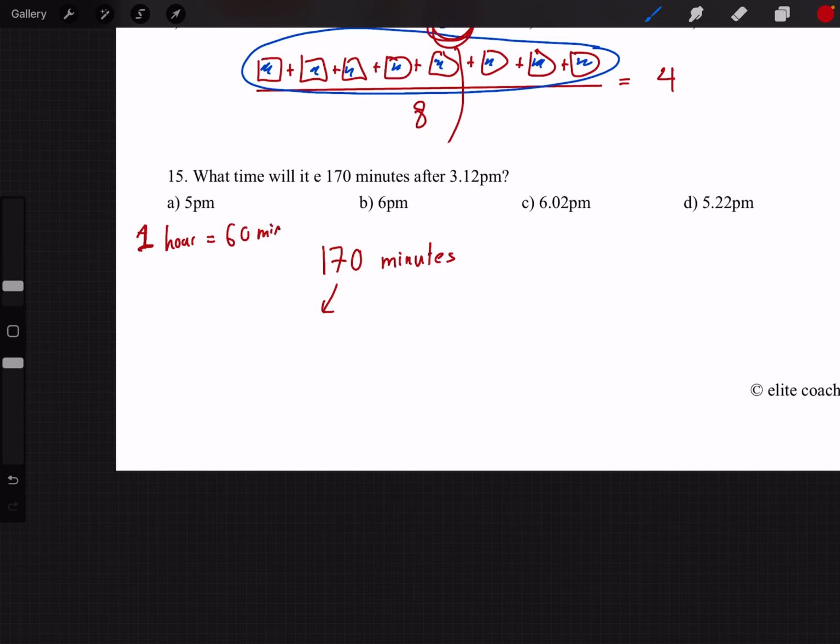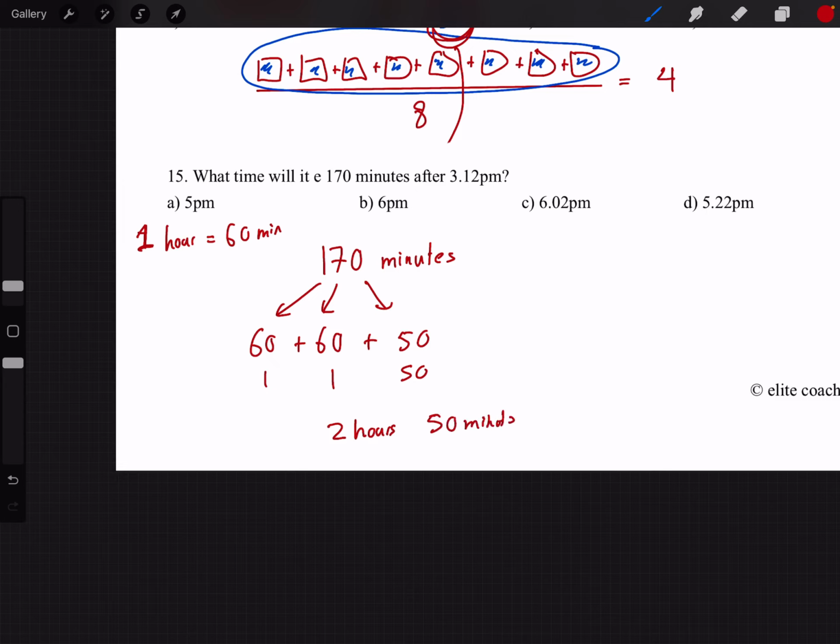So you got 60 plus 60 plus what? 50, right? And that'll give you 170. So that means that 170 minutes is actually 2 hours and 50 minutes.